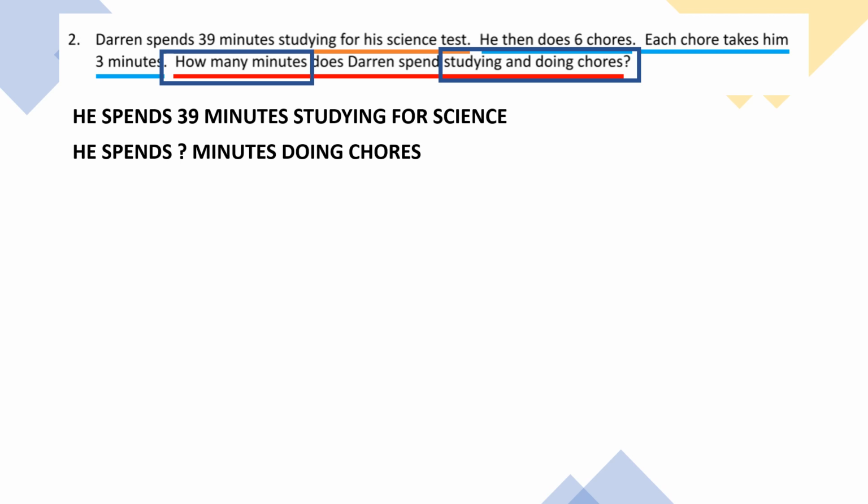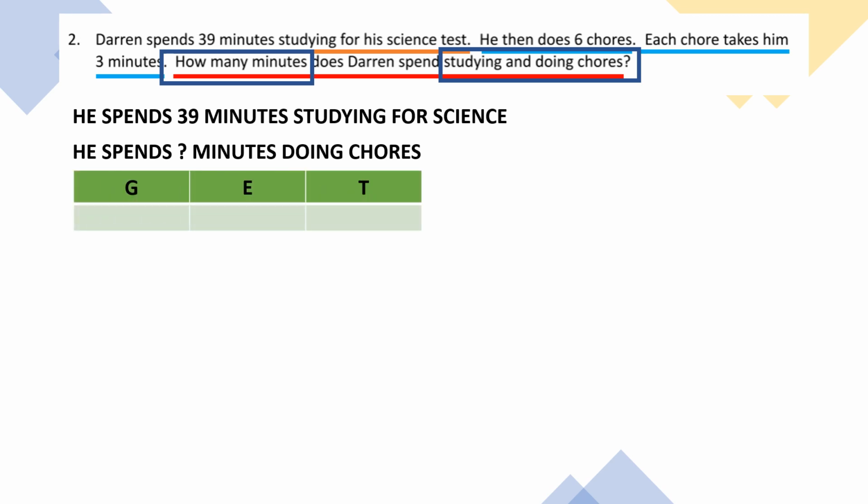Darren spends 39 minutes studying for his science test. Okay. He then, anytime a question says they then do something else, that's a whole other problem there. An equation that you need to go ahead and figure out the answer to. He then does 6 chores, and each chore takes him 3 minutes.